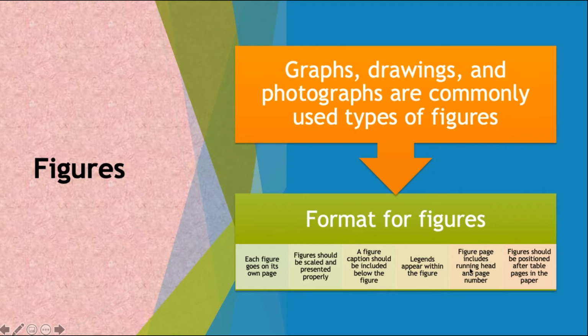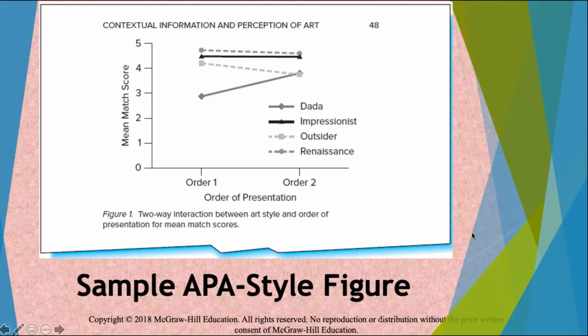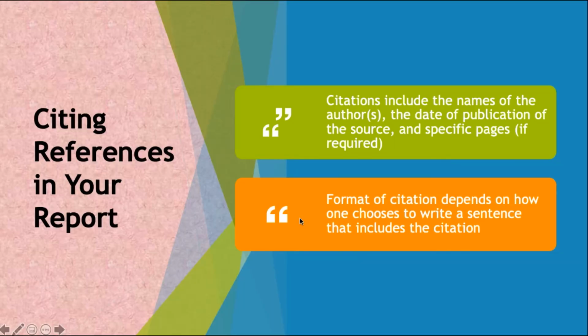A figure page includes the running head and page number, and figures should be positioned after the table pages in the paper. So we have it like that. But you can see here the title of the figure is below, not up like in a table. Then also you can have a note or the source of the figure if you take it from somewhere else.